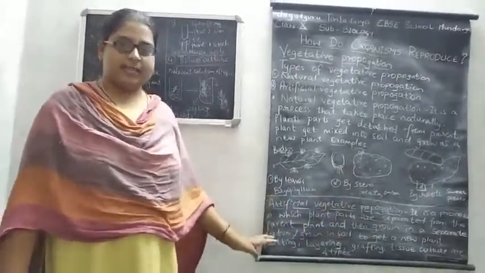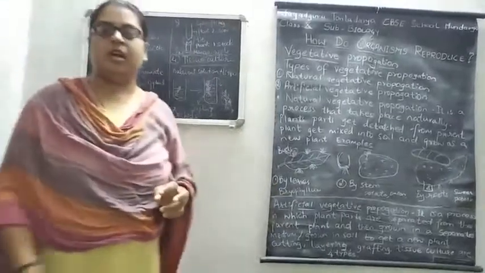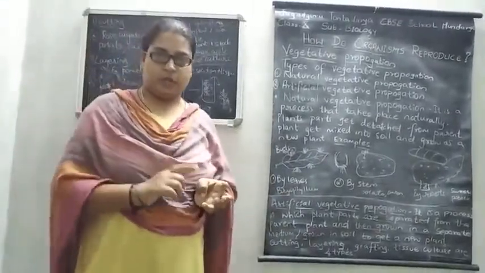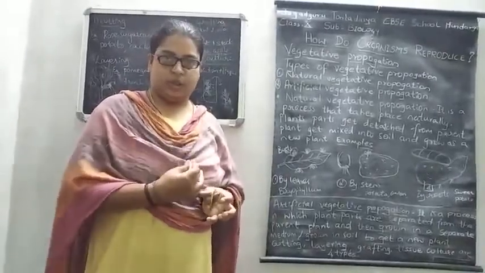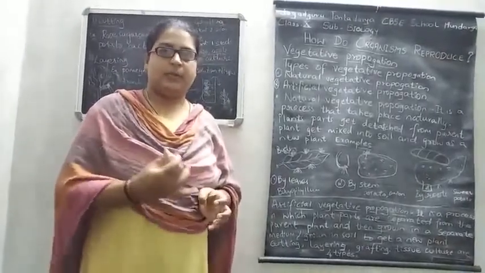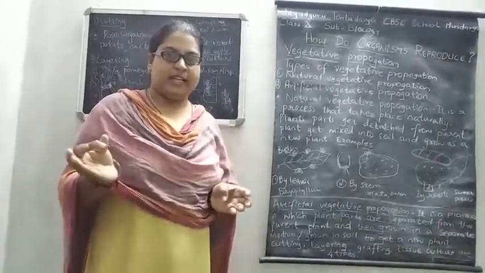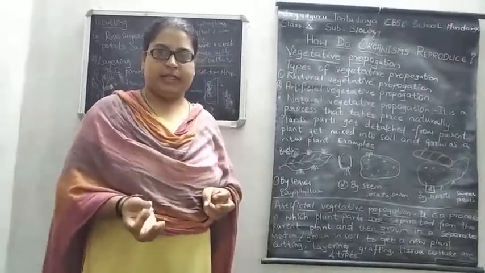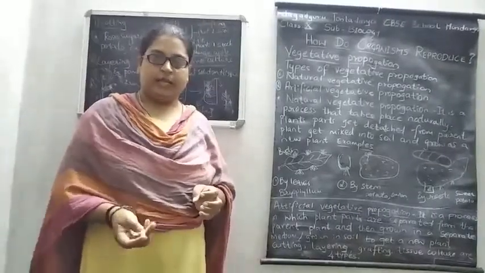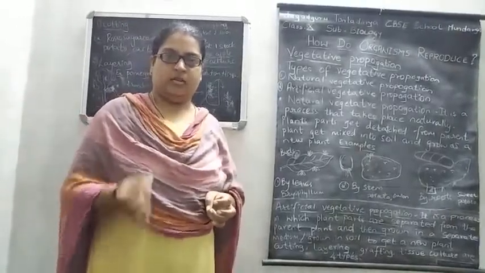Now let us see what cutting is. Cutting is the first type of artificial vegetative propagation. In it, plant parts, which may be a stem or a root, are cut from the parent plant and put in soil, and from that a new plant of the same variety as the parent plant is obtained. Okay, understood?